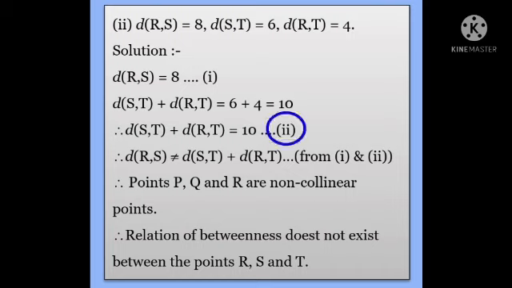Mark it as equation 2. Therefore, distance of R and S is not equal to distance of S and T plus distance of R and T, from 1 and 2. Therefore, points R, S and T are non-collinear points. Therefore, the relation of betweenness does not exist between the points R, S and T.